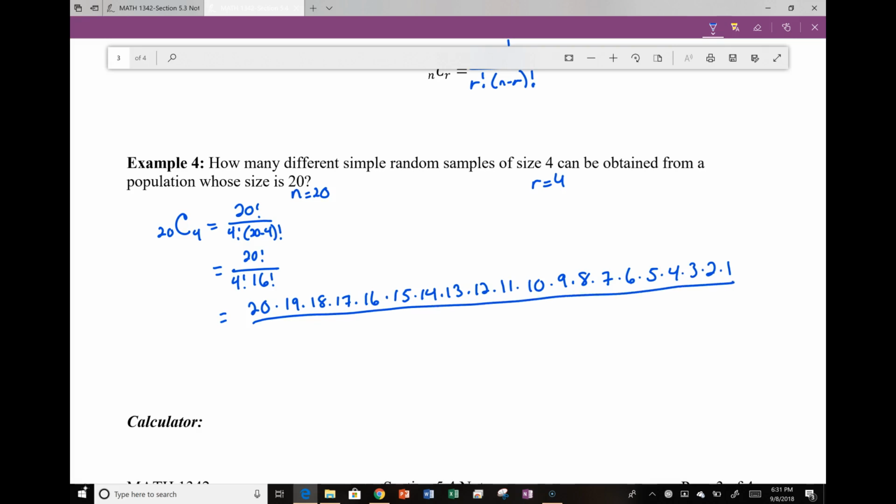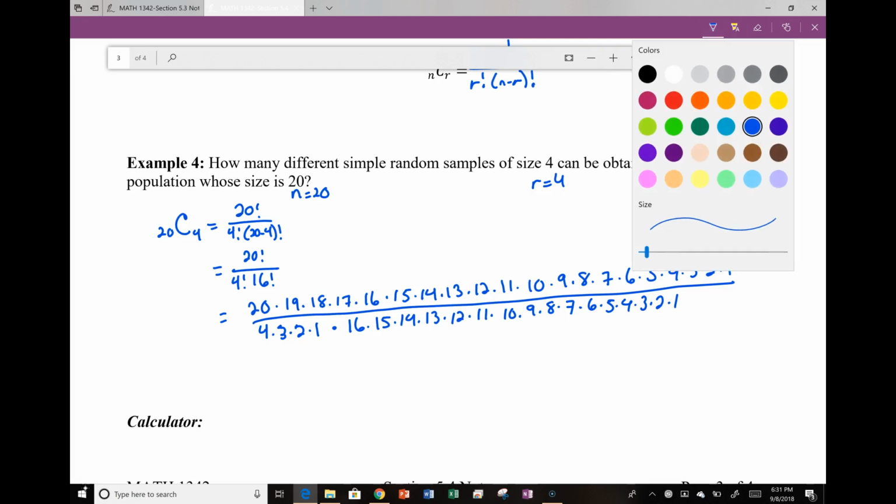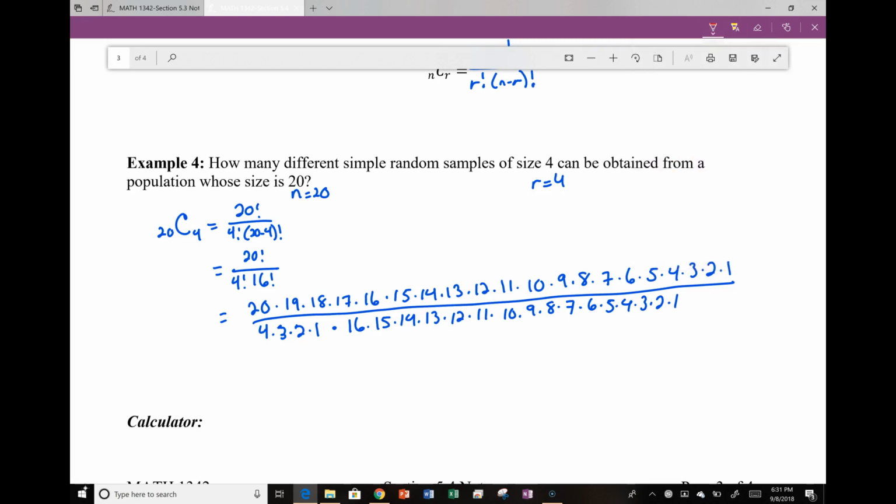Over, my denominator is 4 factorial, 4, 3, 2, 1, times 16 factorial, 16, 15, 14, 13, 12, 11, 10, 9, 8, 7, 6, 5, 4, 3, 2, and 1. I can simplify this. You'll notice that 16 and below is the same thing as this 16 and below.